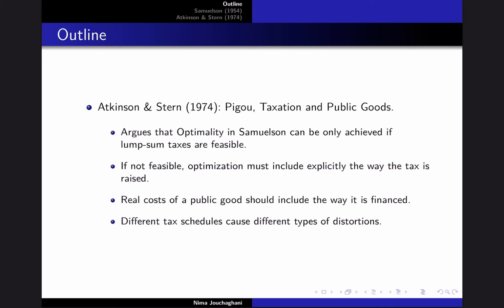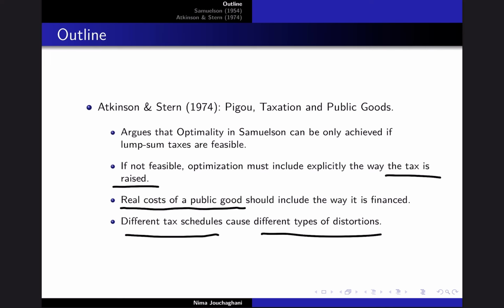So the argument here is that if lump sum taxes are not feasible, for many reasons, then the optimization must explicitly include the way the tax is raised. The reason is that different tax schedules cause different types of distortions, and this has an impact on the real cost of a public good.